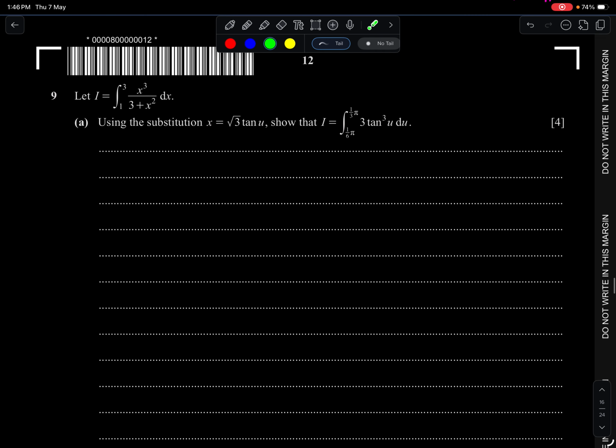Now, substitution question. This question is relatively easy. Substitution. So, the substitution given is x equals root 3 tan u. Always differentiate the given substitution to get dx.